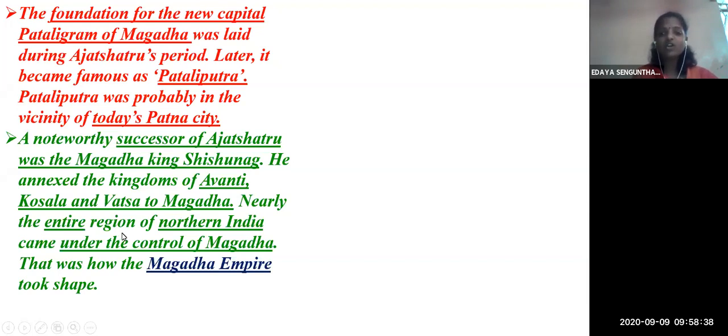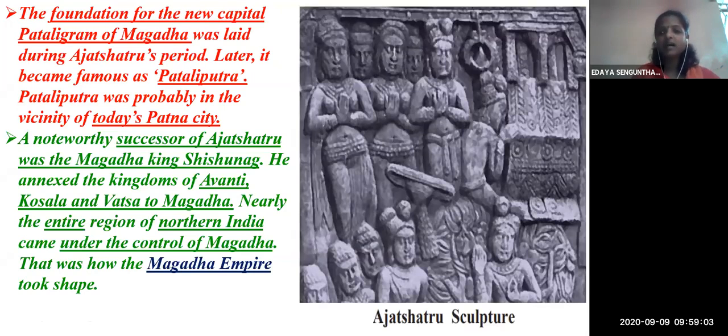Nearly the entire region of North India came under the control of Magadha. That was how the Magadha empire took shape. So from Mahajanapada, it turned into an empire, a major kingdom. At the time of Shishunag, Avanti, Kosala and Vatsa were captured and merged into the kingdom of Magadha.